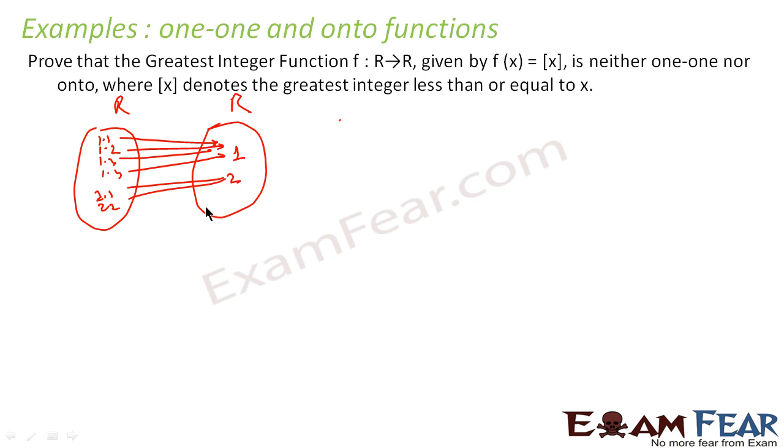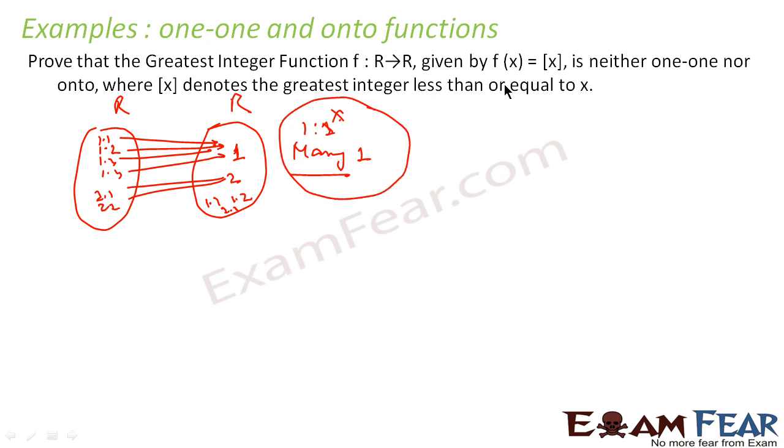Since this is a real number, it will have other values also. So this will be the graph. So if you see here, for 1 there are so many images, so it is not one-one. For 2 also so many images, so it is many one actually.